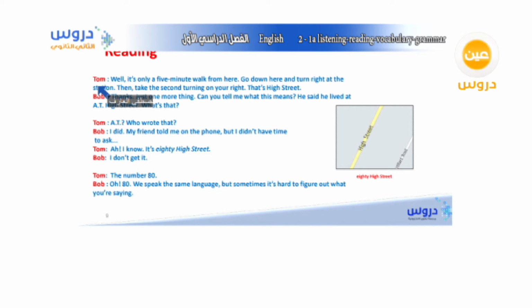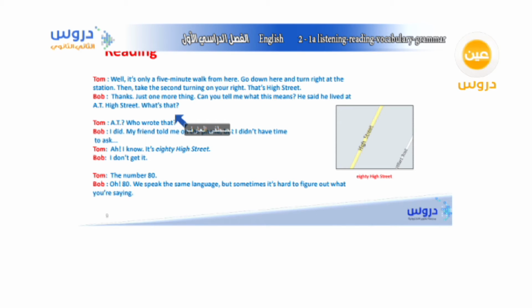So let's go back to Tom. Well, it's only a 5-minute walk from here. Go down here and turn right at the station, then take the second turning on your right. That's High Street. So he is going to High Street. See, this is how people tell directions. Bob, thanks. Just one more thing. Can you tell me what this means? He said he lived at 80 High Street.